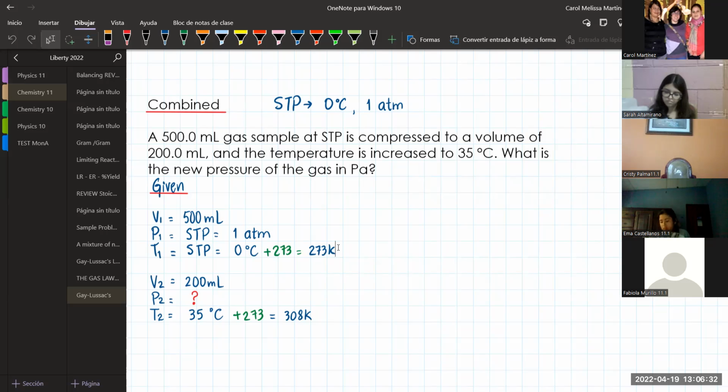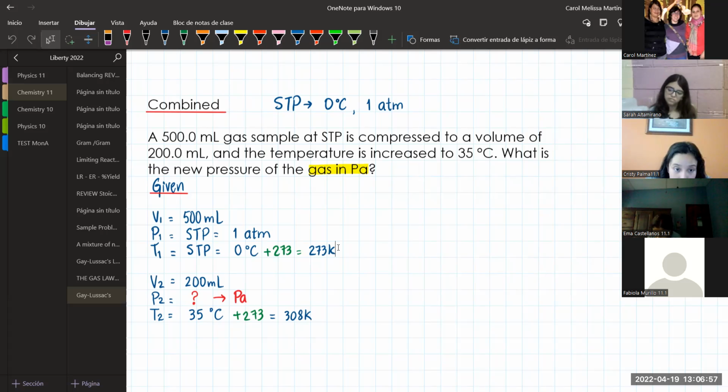But there is one condition that the problem is telling you about the new pressure. What is the condition for the new pressure? It has to be in pascals, okay? So I need my initial pressure also to be in pascals.